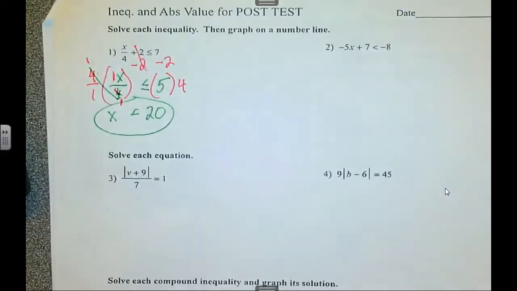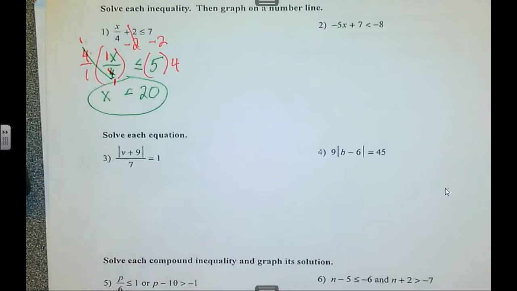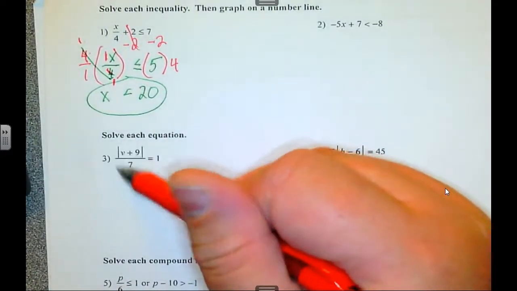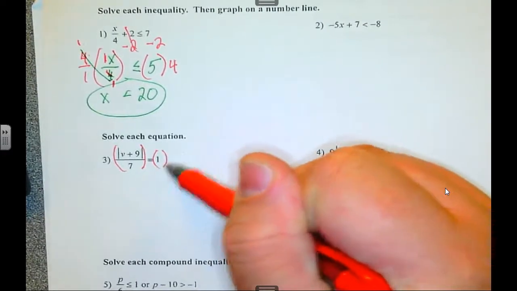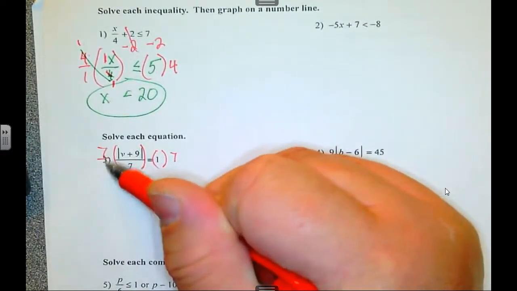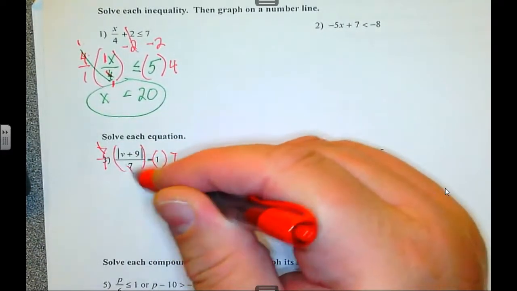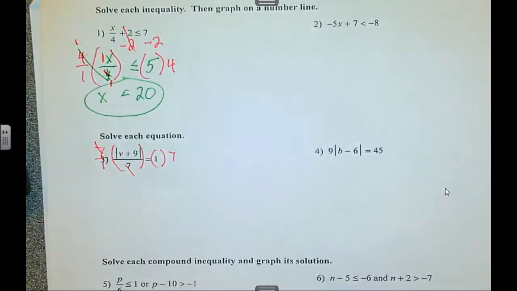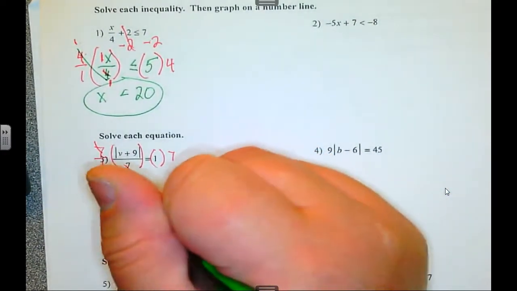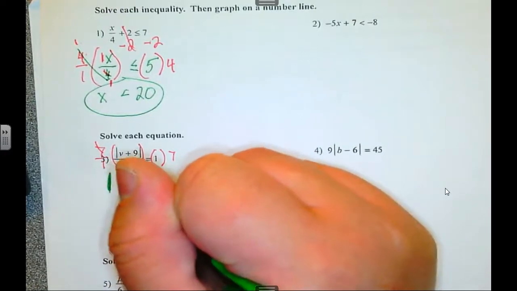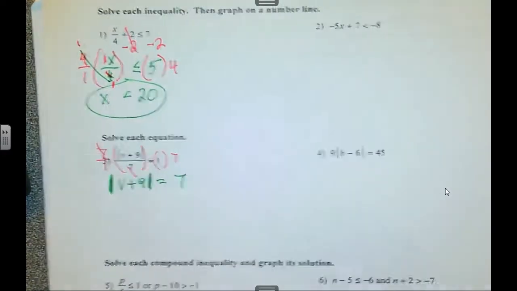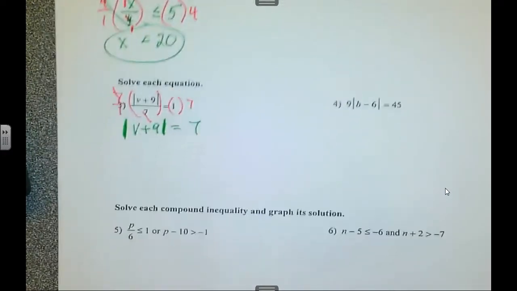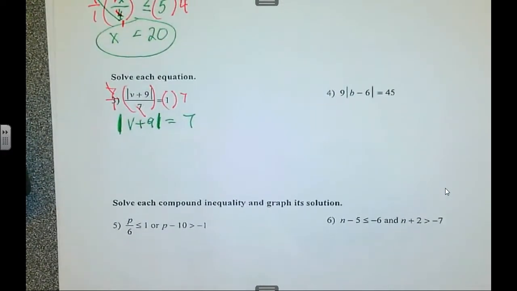Okay, number 3. I have the fractional term by itself, so I'm going to multiply by the denominator 7, or 7 over 1. Again, they cancel the 1. 1 times the absolute value of v plus 9 is the absolute value of v plus 9. Absolute values, I always have 2 cases to solve.